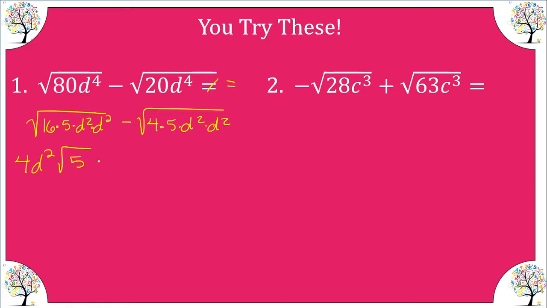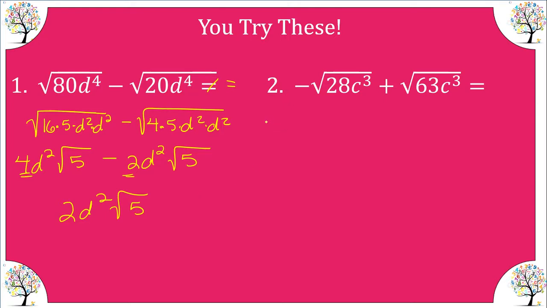And we're left with the square root of 5, minus the square root of 4 is 2. And then we have the square root of d squared, which is d. And we take the square root of this d squared, so we have another d. And then we have 5 as our radical. So we're going to combine 4d squared minus 2d squared. So that's simply 2d squared, only combining your coefficients here. And then we have radical 5.